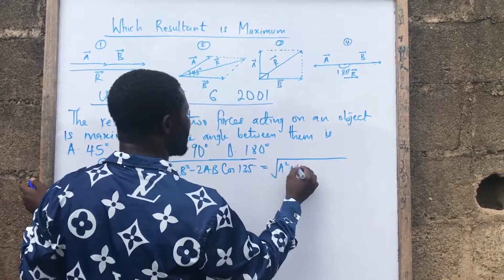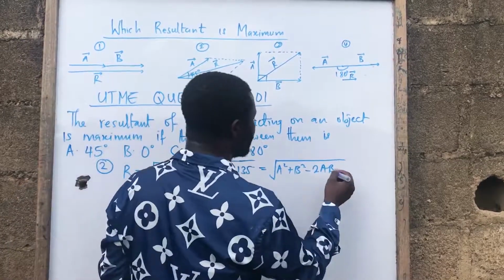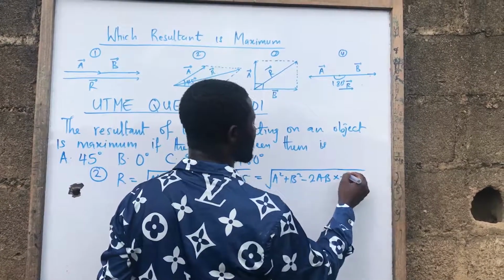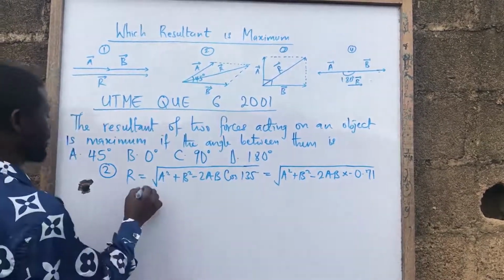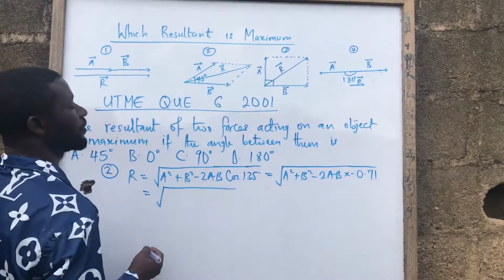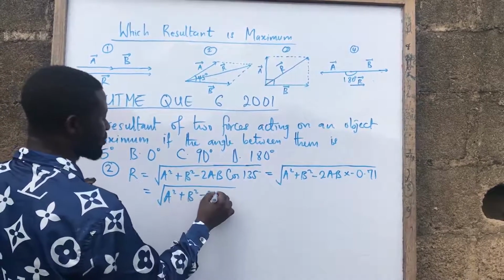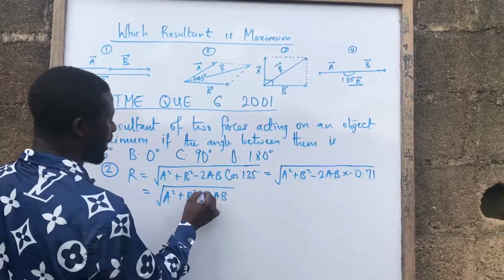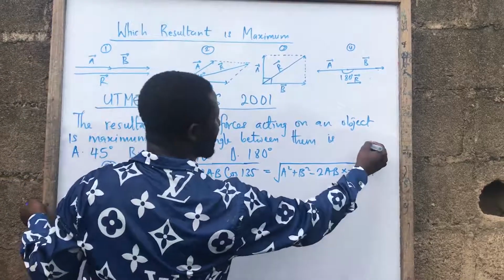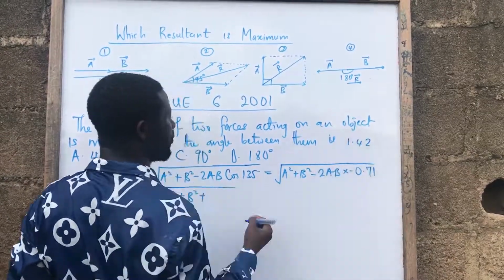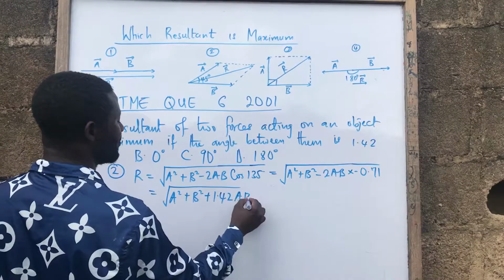By the time I finish this, it will give me A square plus B square minus 2AB times minus 0.71, and this will give me square root of A square plus B square, plus 2 times 0.71, which is 1.42, AB.